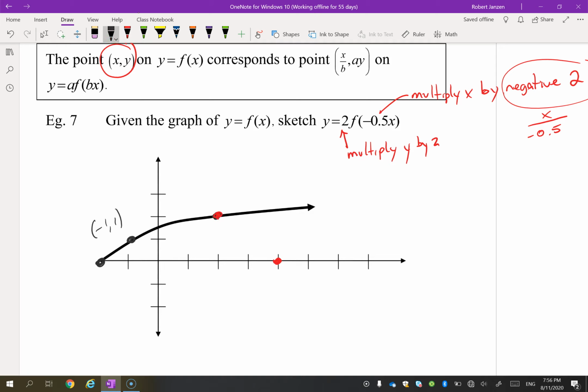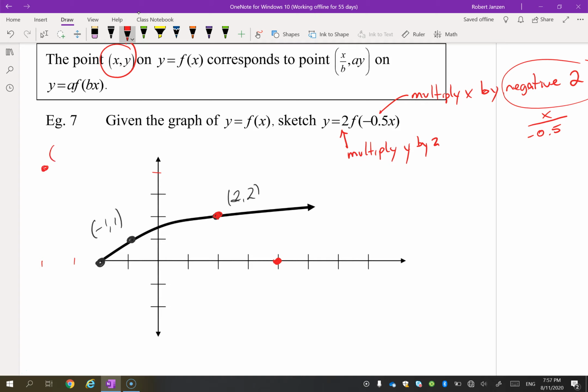All right, and then I'm taking this point, this is 2, 2, and I'm going to multiply the y by 2 and the x by negative 2. Okay, so I'm going to end up with a point way over something like this.